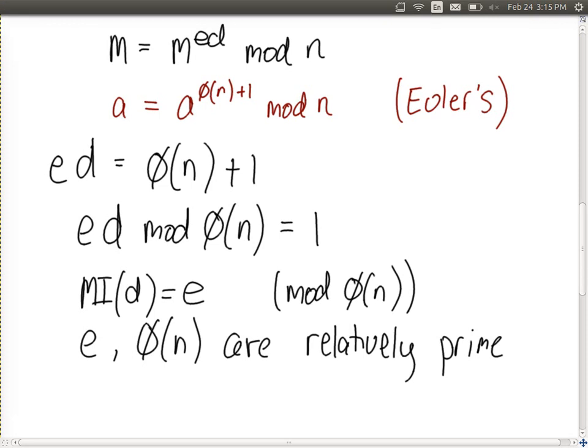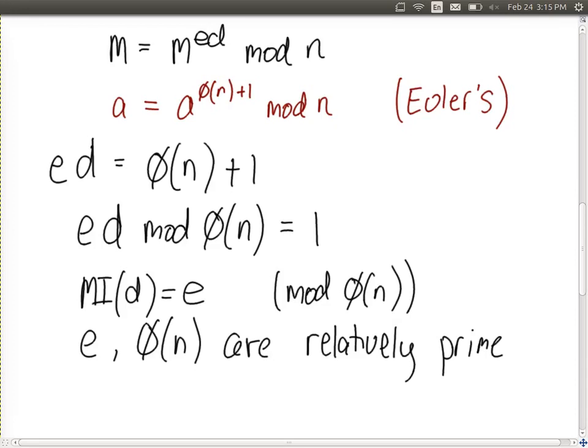If we do so, then we can find, if we know the totient of n, we choose some E which is relatively prime with it, then we know that it must have a multiplicative inverse. And there are algorithms for calculating what is the multiplicative inverse. They're not too hard.